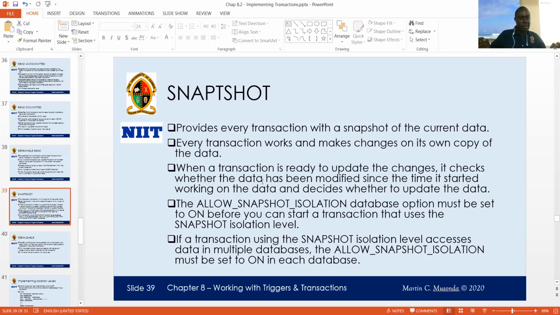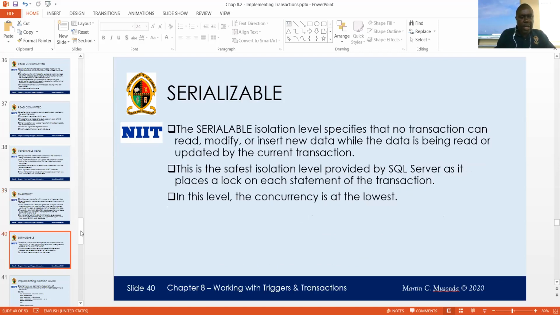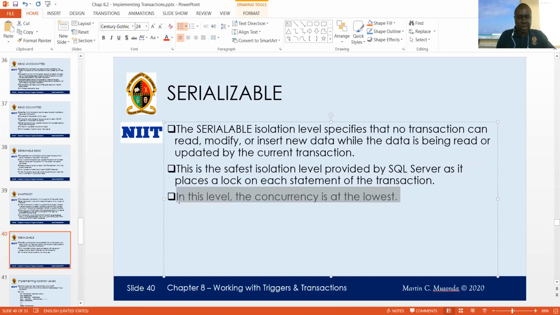The only requirement is before committing the changes to the table, you have to check to see whether the data in the table has been changed since it was copied first. And because of this, we are saying this will offer the least performance of the database system, but it's the most secure. Okay.